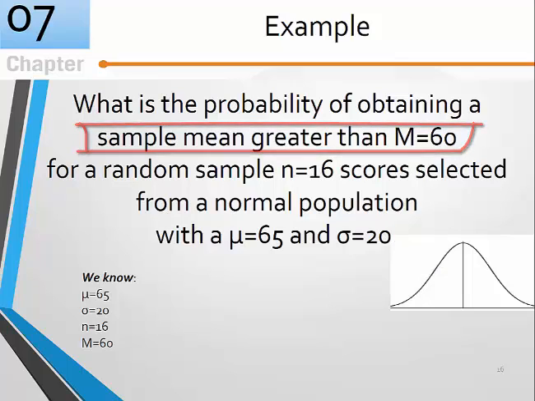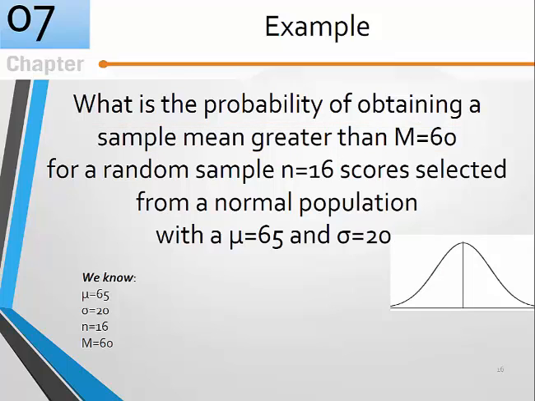So let's do a rough draft. This is our normal distribution. If we're looking for a mean of 60, and we know the population mean is 65, then we're looking for sample means greater than 60, that is everybody in this direction. So we need a z-score. We write down the formula.